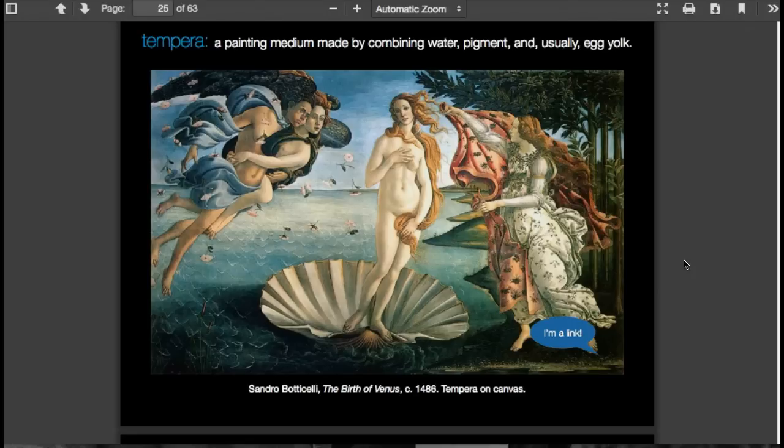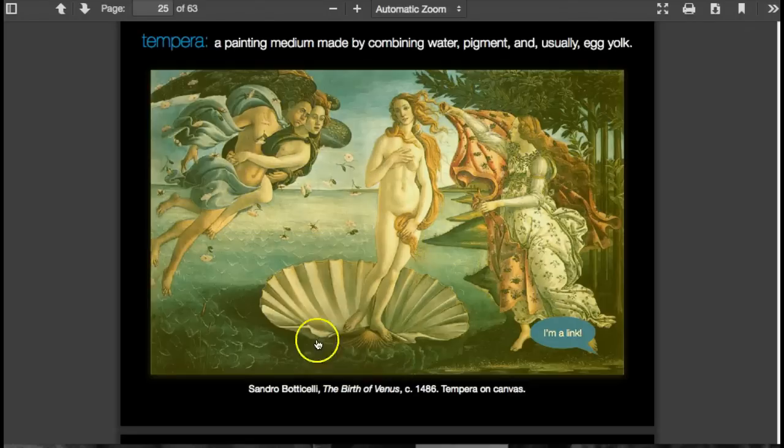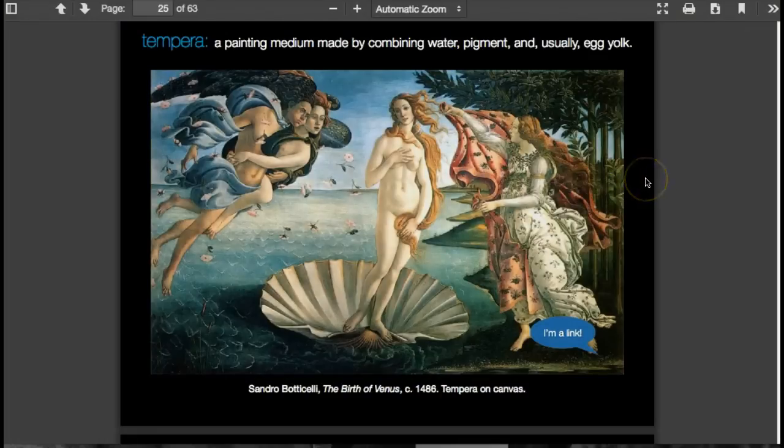Botticelli is well known for his tempera paintings, and there's a link for you to watch a little video about this painting. This is the Birth of Venus. You've probably seen this image before. I want you to really consider the female body here, how she's kind of separate. This almost feels like a stage-like setting, and she's really floating. Look at the way she's standing, her feet.